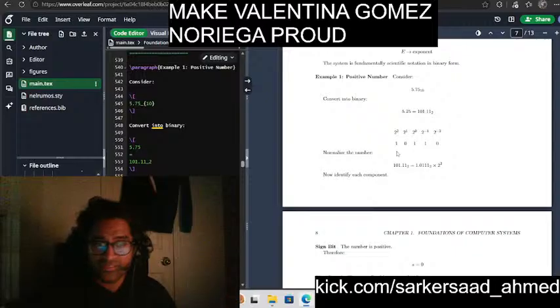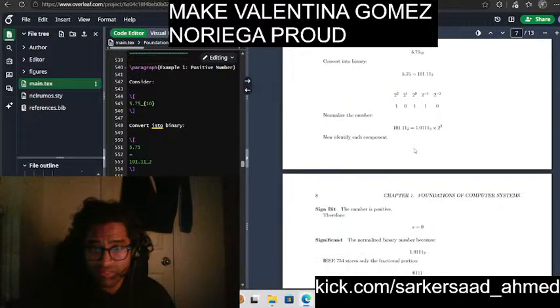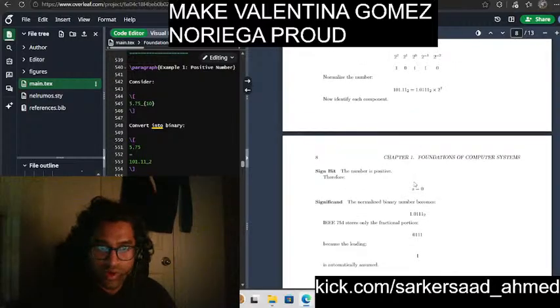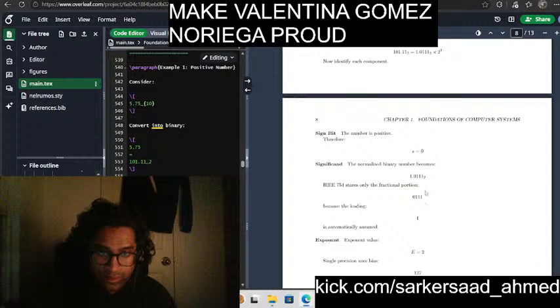If I had minus 5.75, we do the same thing, but your S would be 1. So the normalized binary would be 1.0111 times 2 squared. IEEE 754 will only store the 0.0111 because the leading 1 is automatically assumed.